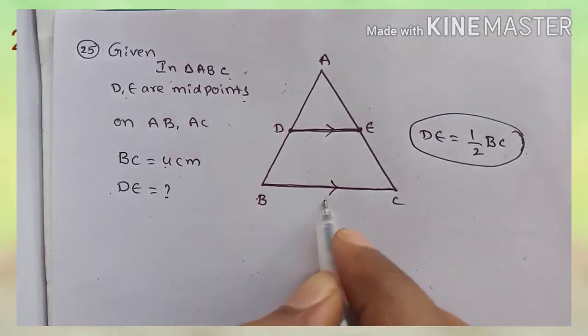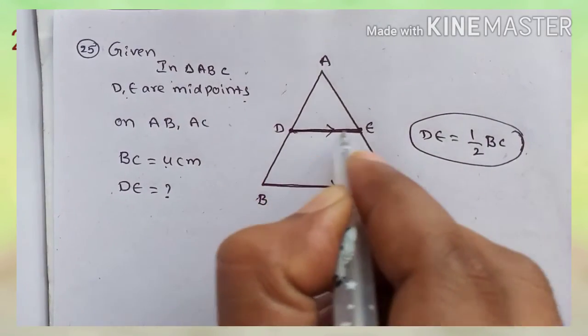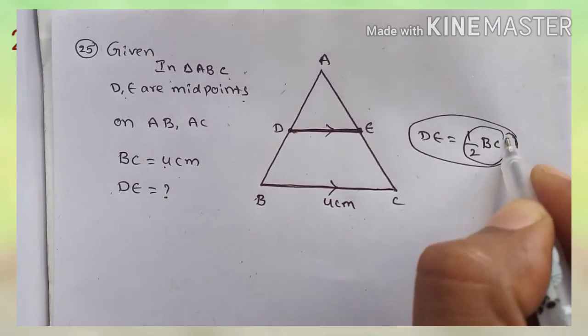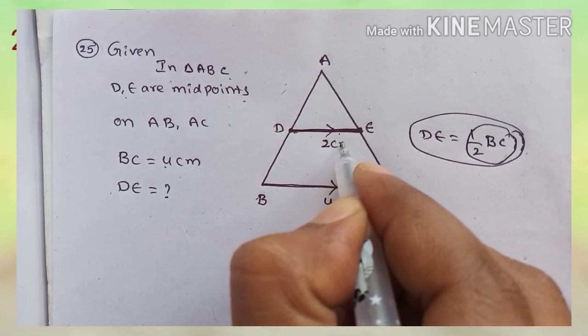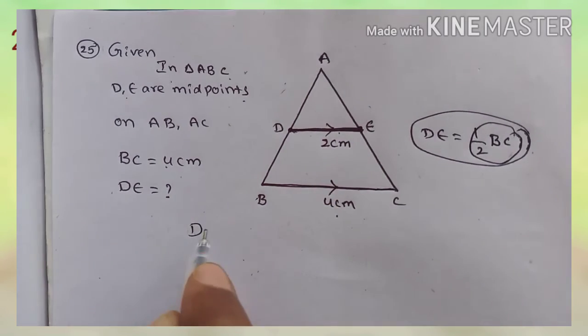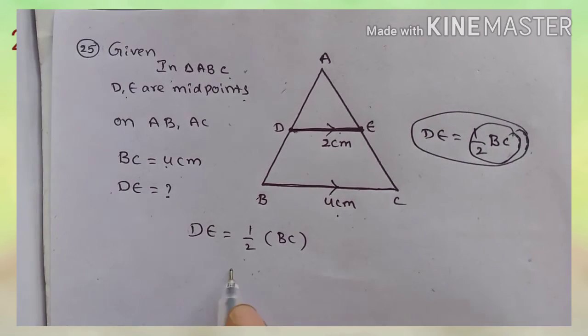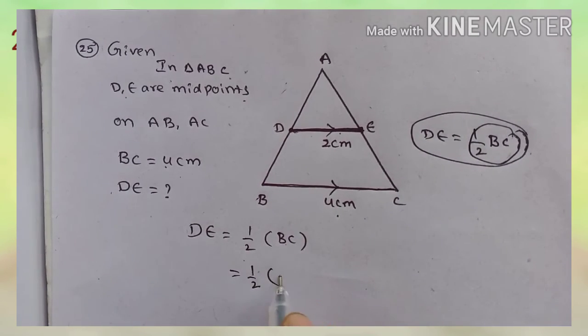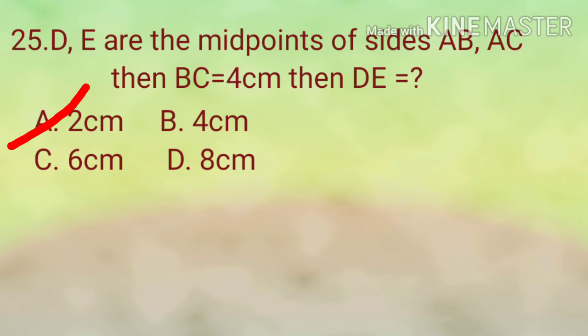Here BC value is given as 4 centimeters, so DE is half of BC, that is 4 by 2, which is 2. DE is equal to half into BC value 4, so the value of DE is equal to 2 centimeters. So option A is correct.